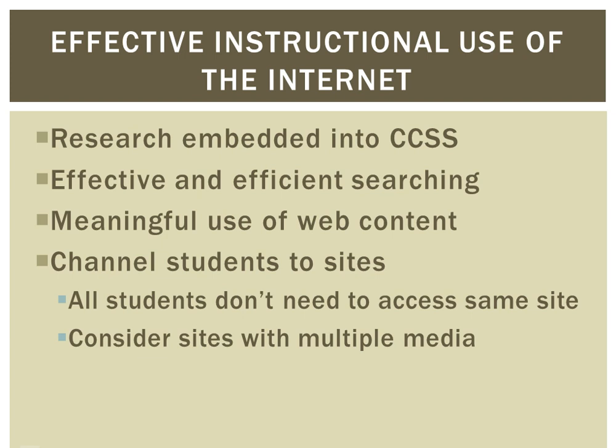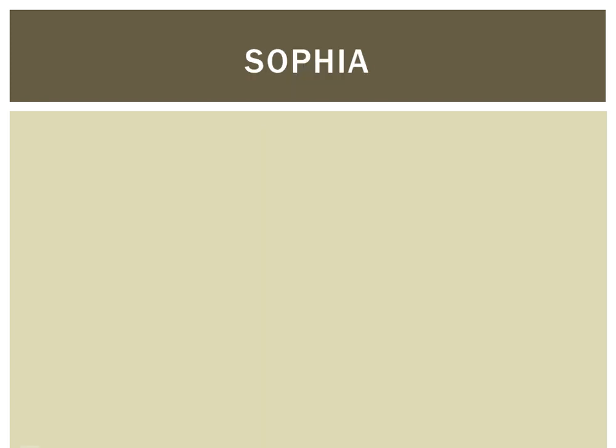So if you're using more static materials that are only text-based, then students such as English learners and others who might be supported better through the use of other media can be channeled to resources that better meet their needs. And certainly you want to think about what you do with the resources you send students to so that they are doing something that engages them in learning and promotes their critical thinking.